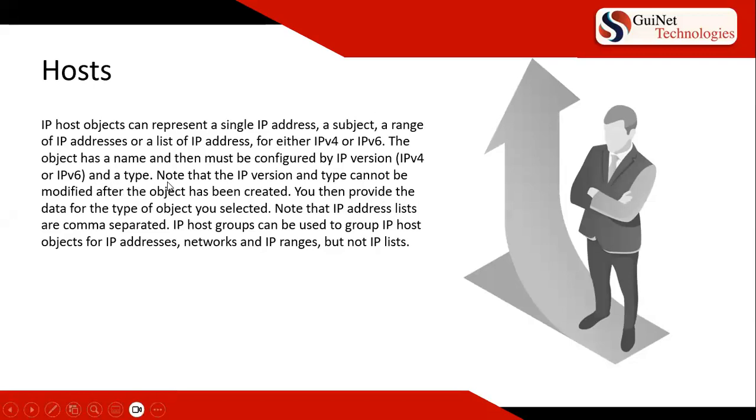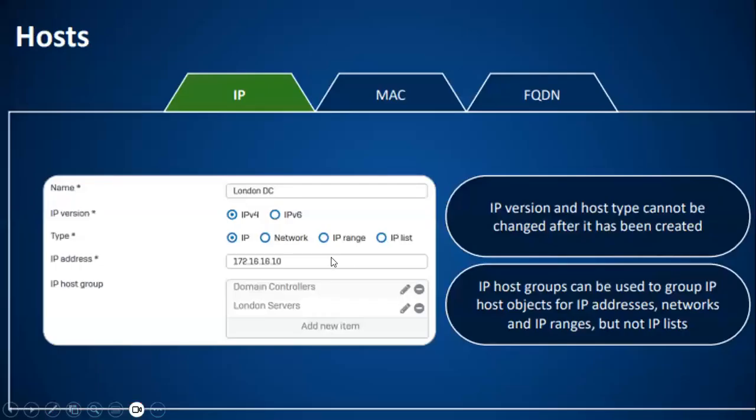Note that the IP version and the type cannot be modified after the object has been created. You can provide data for the type of object you have selected. Note that the IP address list is comma separated. When you create an IP list, like this one, you selected IP list and here you enter one IP, put a comma, and enter another IP address and so on. If there are more than 2 IPs, just put the comma and go on.